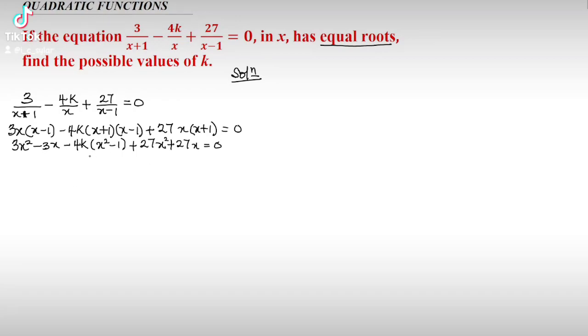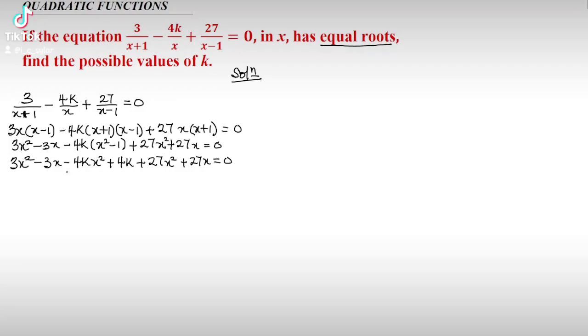So let me expand this 4k with its bracket. So I have 3x squared minus 3x minus 4kx squared, then plus 4k plus 27x squared plus 27x, and this gives us 0.